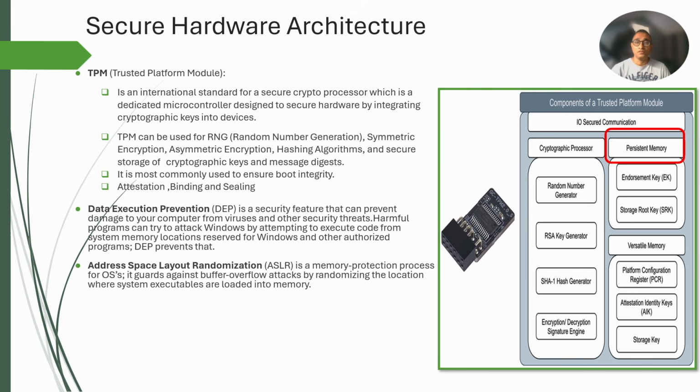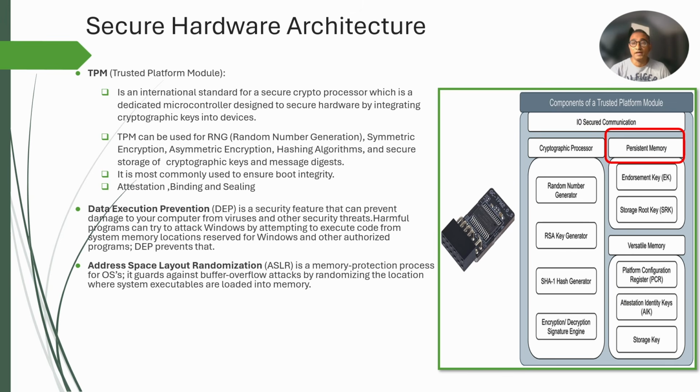Going forward, we also look into some more core details. For instance, something called a TPM, the Trusted Platform Module. It's a module which has many different components which work together for your hardware to perform the task effectively but also securely.